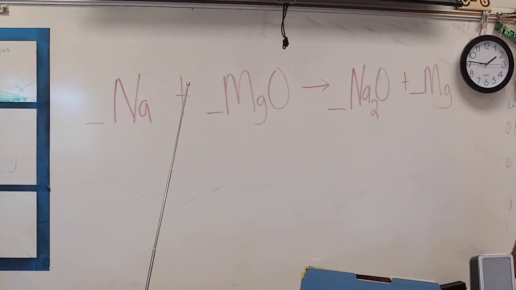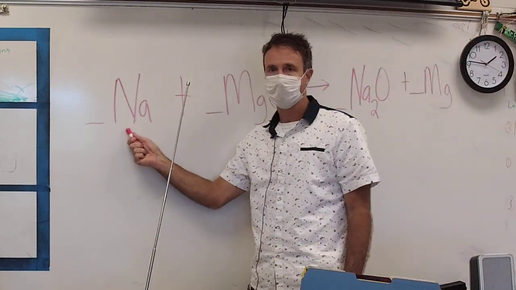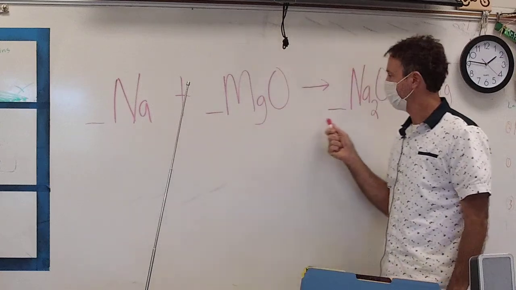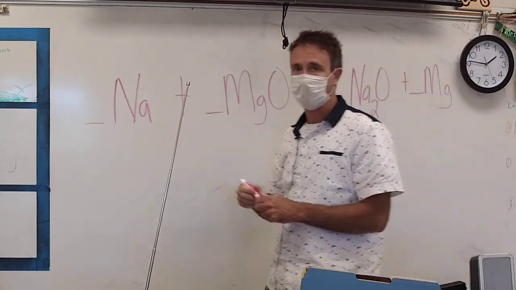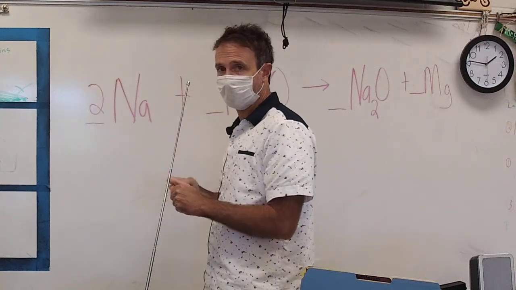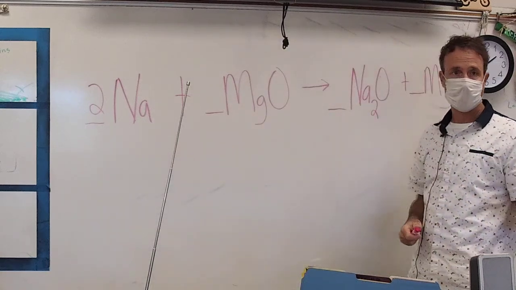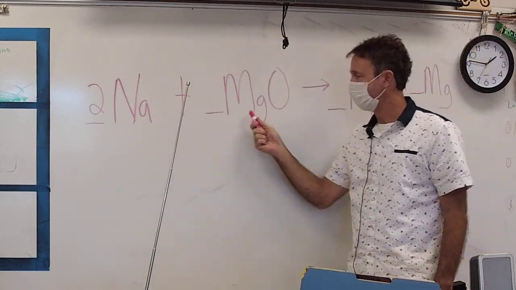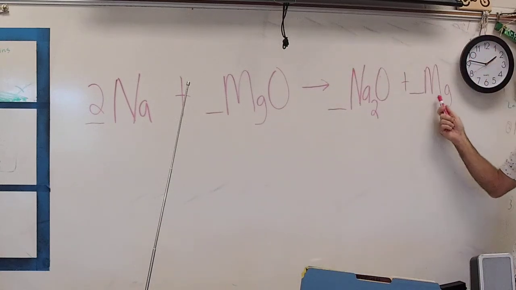Now let's balance it. I've got one sodium here, but over here I have how many sodiums? 2. So I'm going to go ahead and add a coefficient here and say, okay, I've got 2 sodiums and I've got 2 sodiums, right? Let's take a look at our magnesiums. There's one magnesium here, and over here there's one magnesium, so that's good.